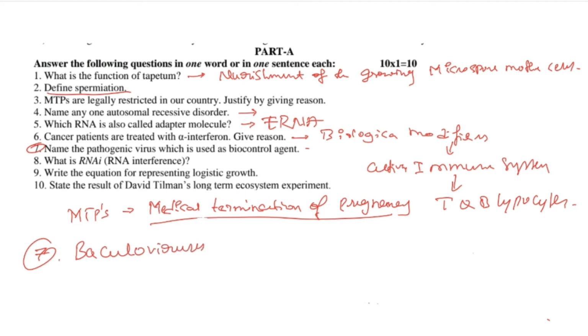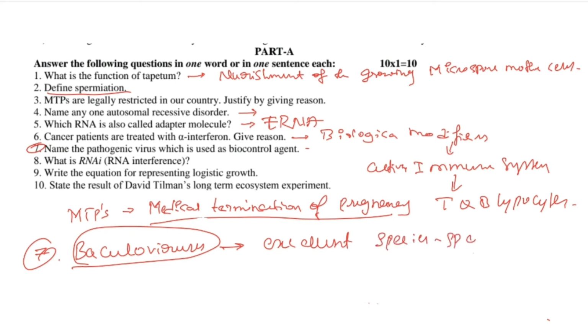So let's learn not only this, what is this baculoviruses and what it helps in. It is not required for a 1 mark question, only naming is enough, but let's learn something more. These are the viruses which are excellent for species specific treatment.